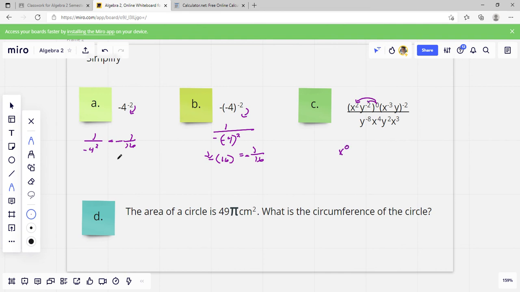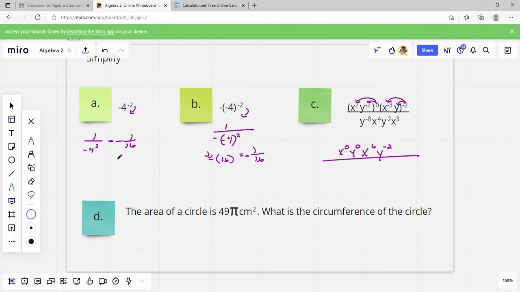And this one, 0 times -2, that's y to the 0. Alright, right here, I'm going to say 2 times 3 would be 6, and that would be positive. Negative times negative is a positive, so x to the 6th. And then that one would be y to the -2. Remember, if it doesn't have an exponent, we just call it 1.